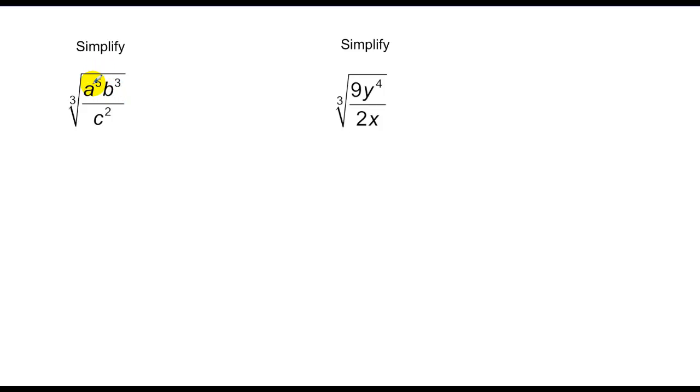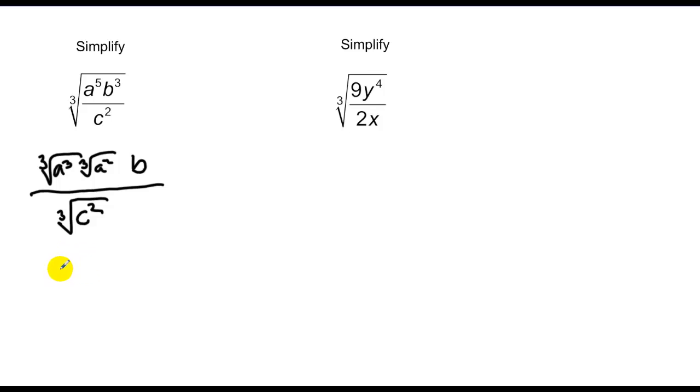First thing I'm going to do is break these down if I have any perfect cubes in my problem, which I do. So in the numerator I have the cube root of a cubed and the cube root of a squared. B is the cube root of b cubed. And then in the denominator, I have the cube root of c squared.